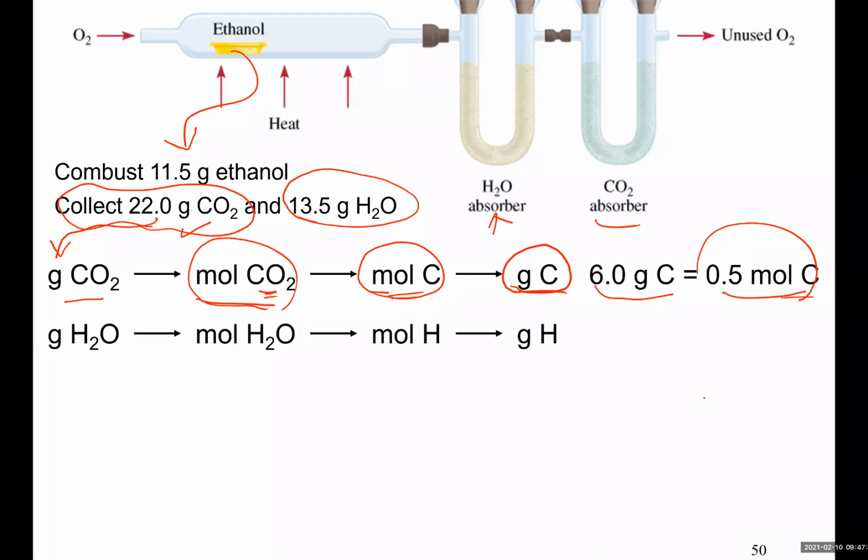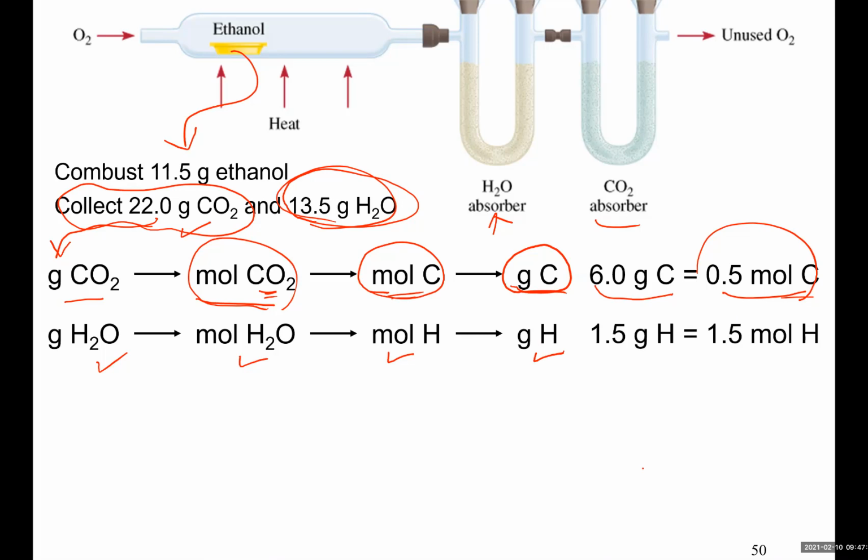And if I start with 13.5 grams of water, I can determine the number of moles of water. Every mole of water is 18 grams. And in every mole of water, there are 2 moles of hydrogen, so I can determine moles of hydrogen. And every mole of hydrogen is almost 1 gram. I can determine the grams.